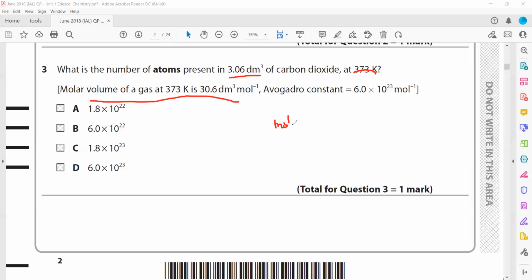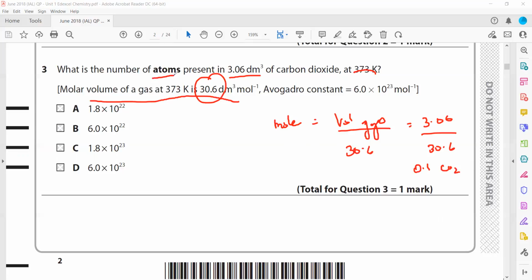The formula is moles equal volume of gas divided by molar volume. Normally we divide by 24, but now the molar volume is 30.6, so 3.06 divided by 30.6 equals 0.1. So we have 0.1 moles of carbon dioxide.